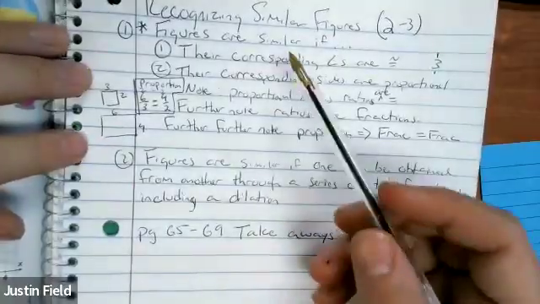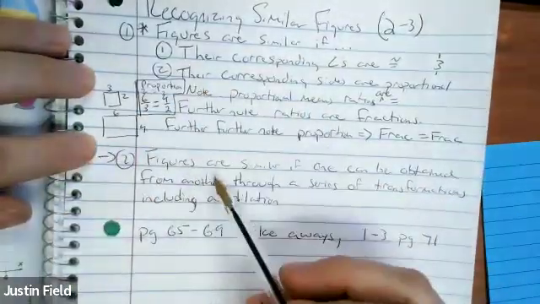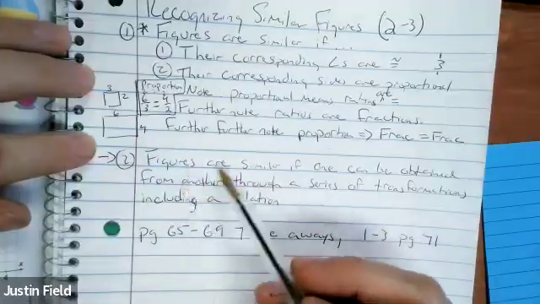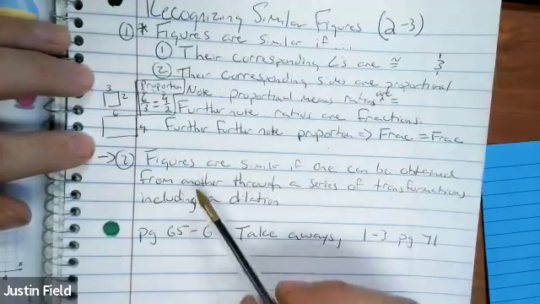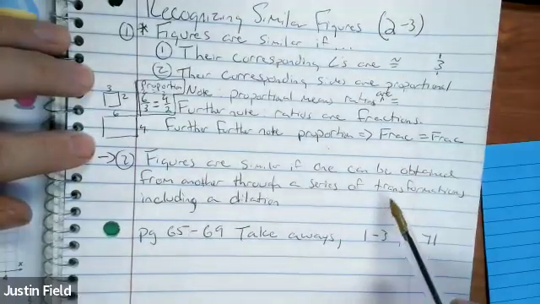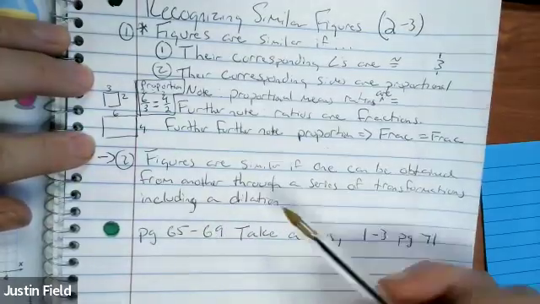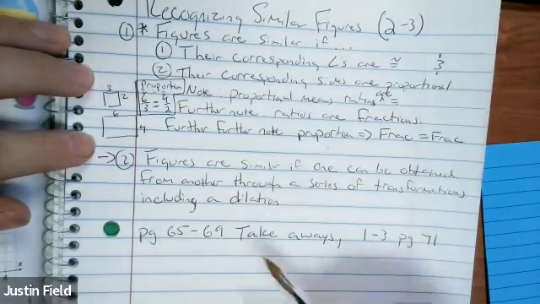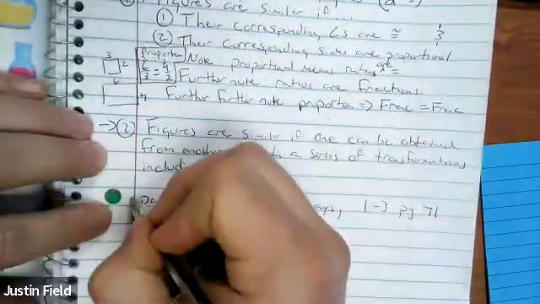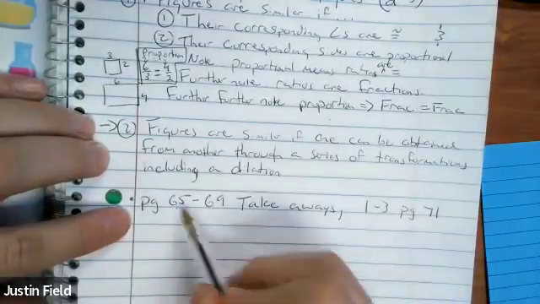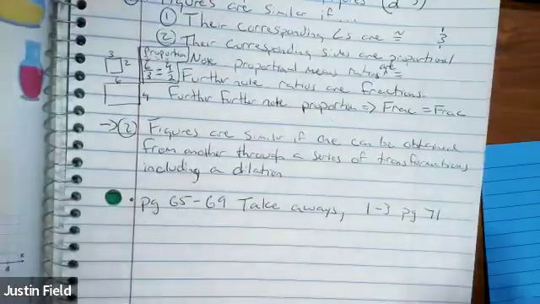But in this chapter, we are going to go into this definition of similar. Figures are similar if one can be obtained from another through a series of transformations that includes a dilation. So in this video, we are going to look at 4 pages, but there's a lot to write down, so we're just going to do some takeaways.